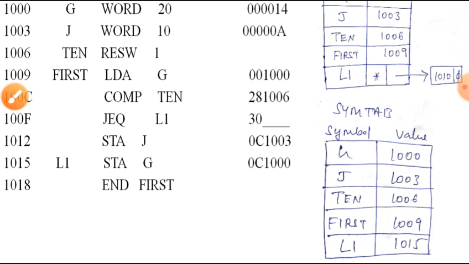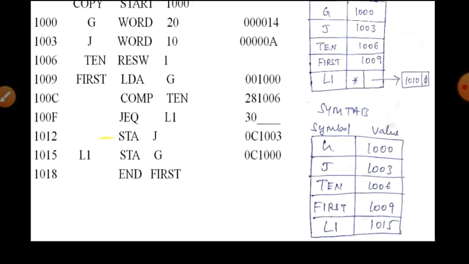L1 is now changed to 1015, and it makes use of the forward reference list entry 1010. So the assembler makes changes in location 1010 with 1015.